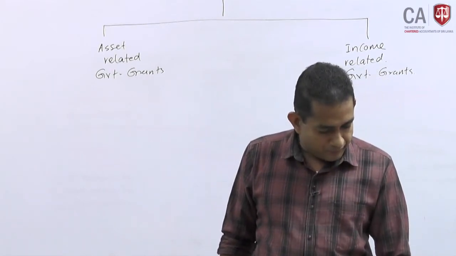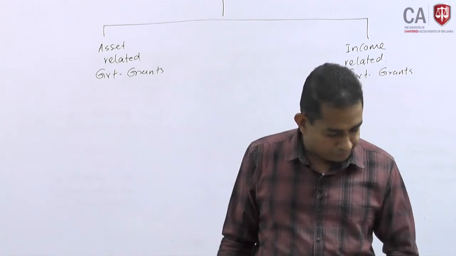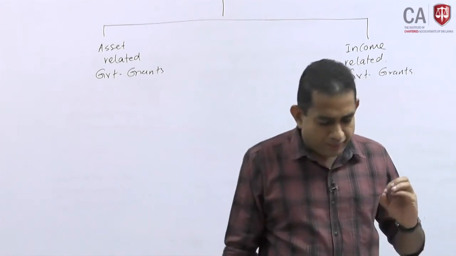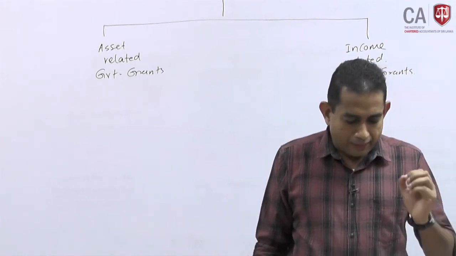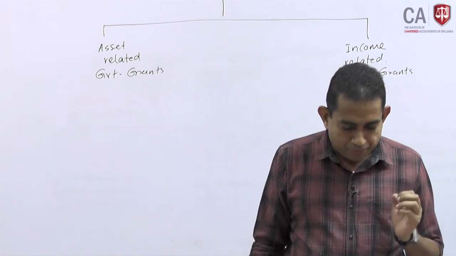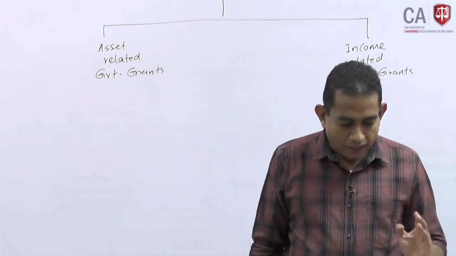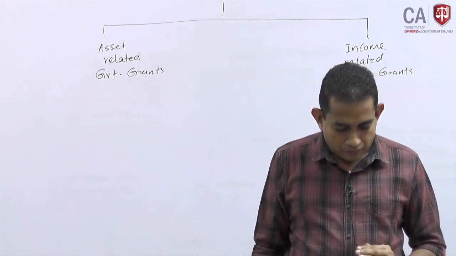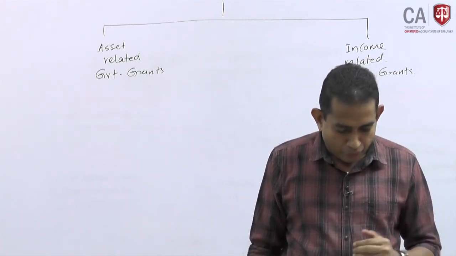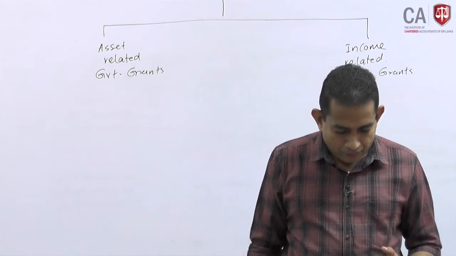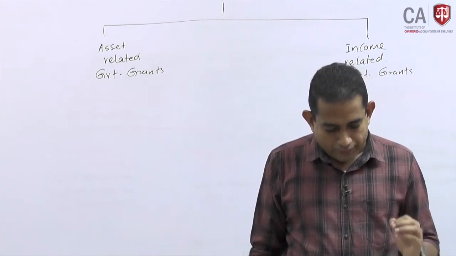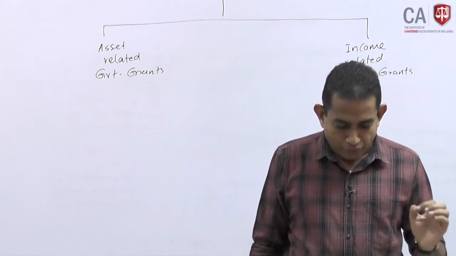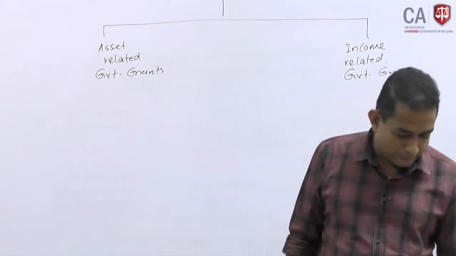Government grants relating to assets, grants related to assets, are government grants whose primary condition is that an entity qualifying for them should purchase, construct or otherwise acquire long-term assets. Subsidiary conditions may also be attached, restricting the type or locations of the assets or the periods during which they are to be acquired or held.